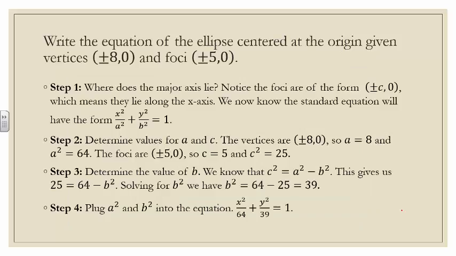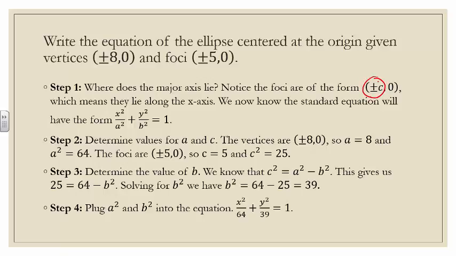Moving on to an example. Write the equation of the ellipse centered at the origin given vertices plus or minus 8, comma 0 and foci plus or minus 5, comma 0. Step 1. Where does the major axis lie? Notice the foci are of the form plus or minus c, comma 0, which means they lie along the x-axis.